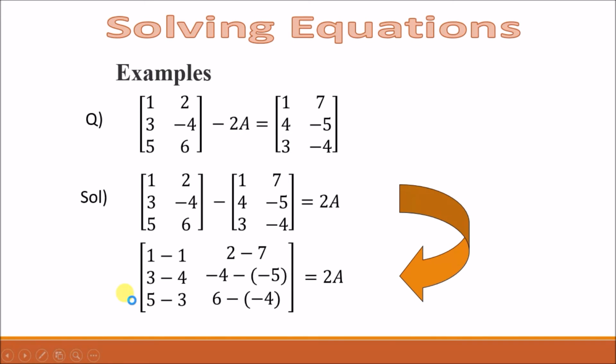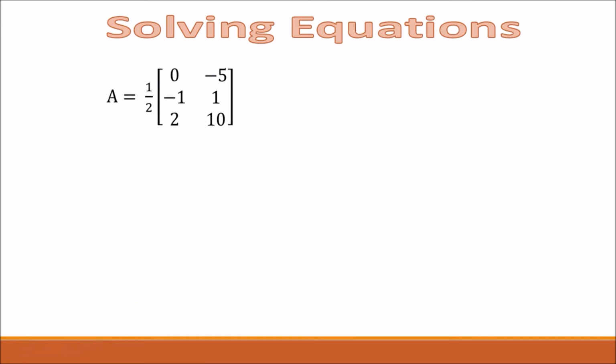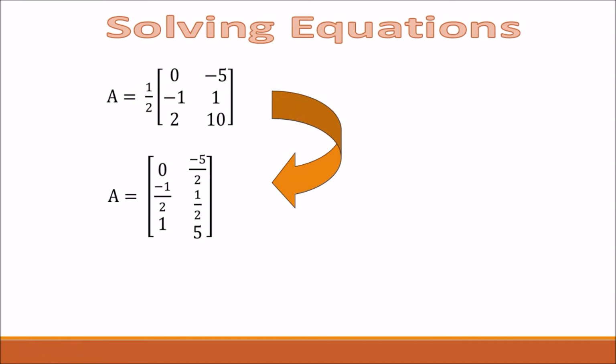It will become 1 by 2. So now A will be obtained by multiplying this matrix with 1 by 2, which means that now it has become a case of scalar multiplication. So now half will be multiplied to all of the elements individually, and therefore we get the value of the matrix A.